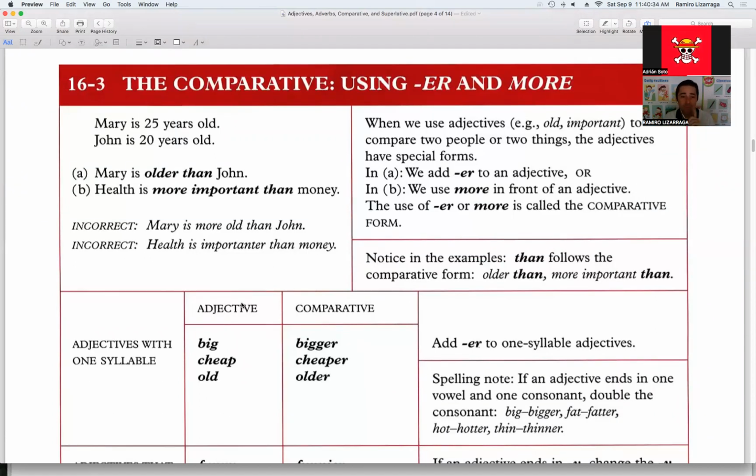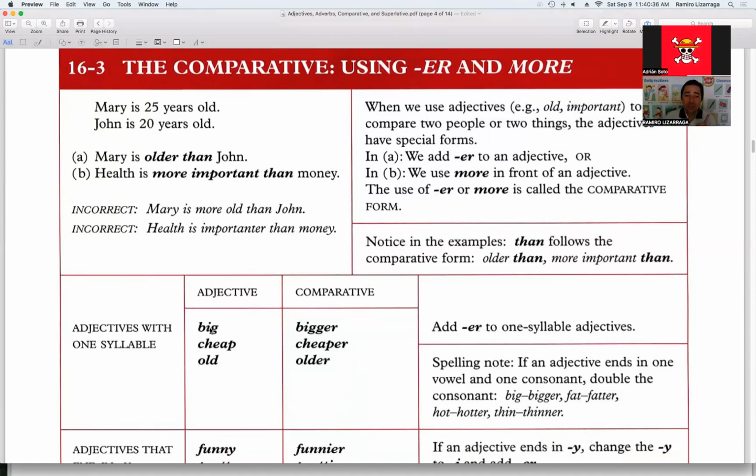For example, you know the adjective big, but if I want to compare two people or two things, I have to add the letters er: bigger, okay?